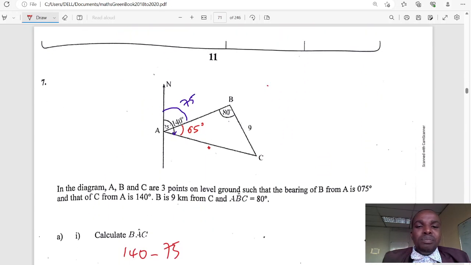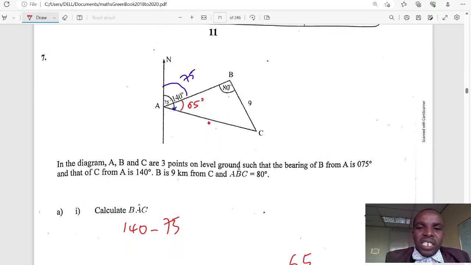From B to AC. So it's this distance. The shortest or perpendicular distance always makes 90 degrees here. If it's 90 degrees, you can find this angle here. How can you find this angle? This side we can call x.